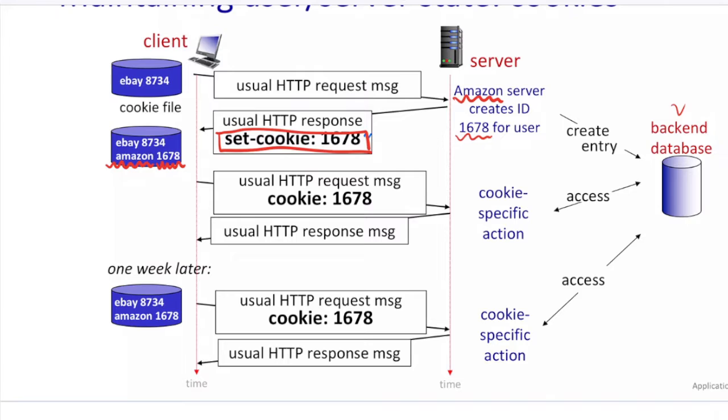So on both sides, the client knows the token and the server knows which user used this token. After that, every time the client sends a request to that ML server, the request message carries this token by using a new HTTP header, Cookie.